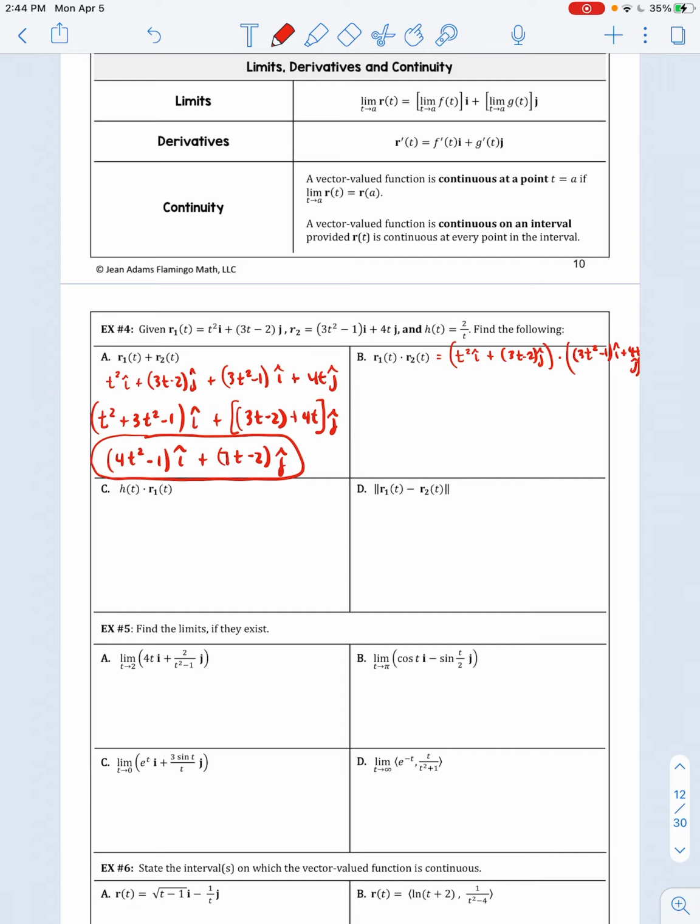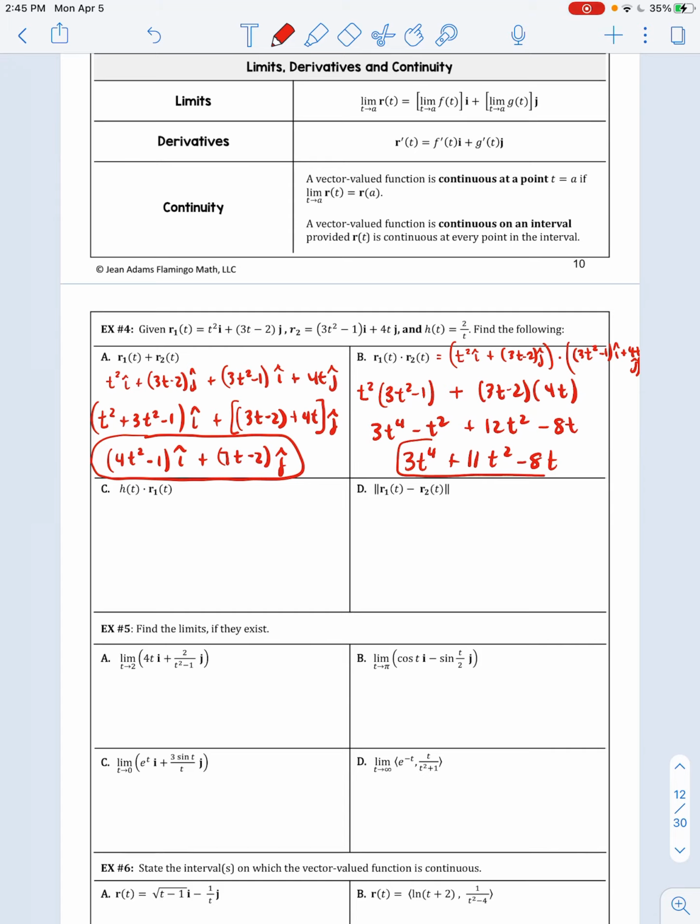And this is going to give me my t squared times 3t squared minus 1, and then plus my 3t minus 2 times my 4t, which is going to give me 3t to the 4th minus t squared plus 12t squared minus 8t. And then I add my like terms, 3t to the 4th plus 11t squared minus 8t.